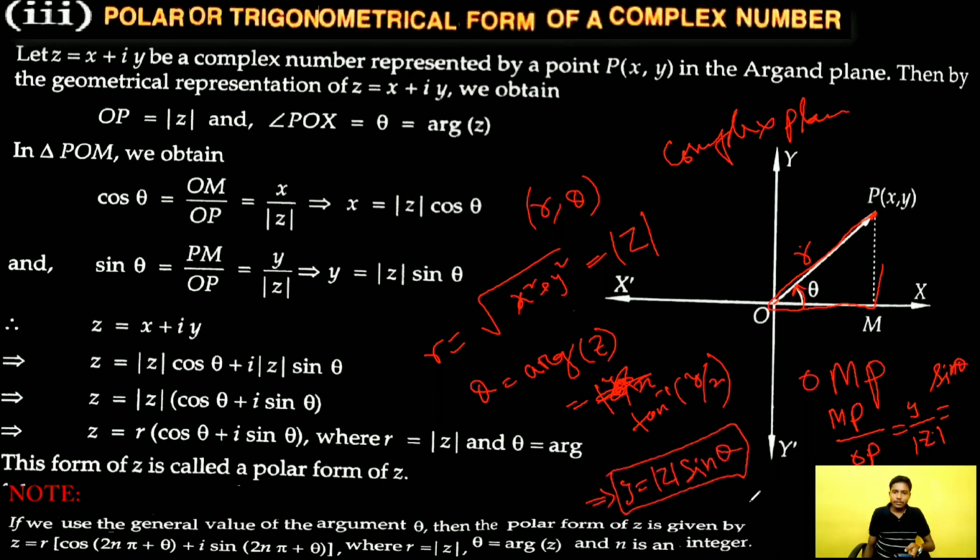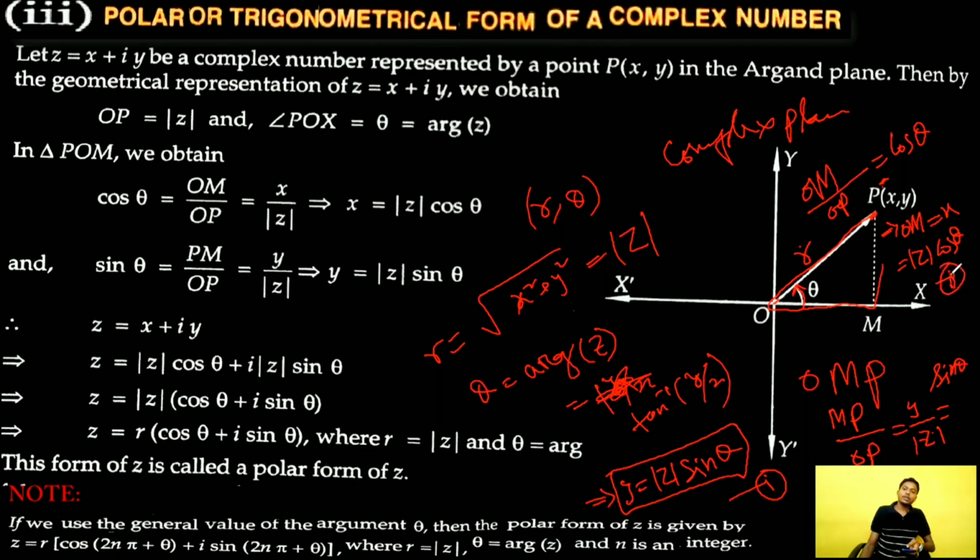This is number one. Similarly, for this portion, base OM divided by OP is equal to cos theta. This implies OM, which is x, is equal to mod z cos theta. Clear? This is equation number 2.